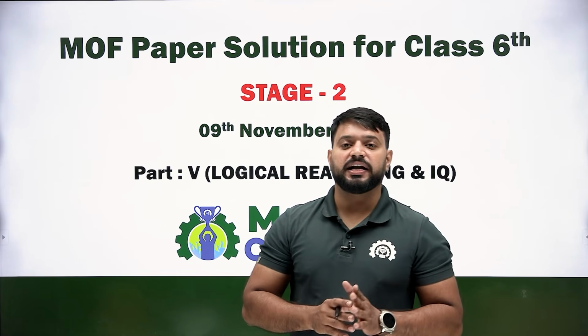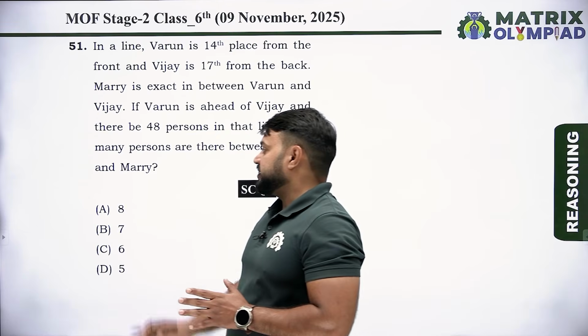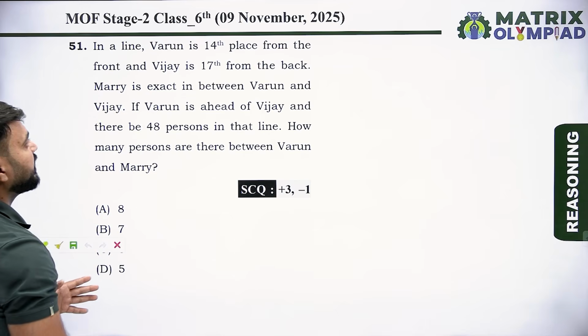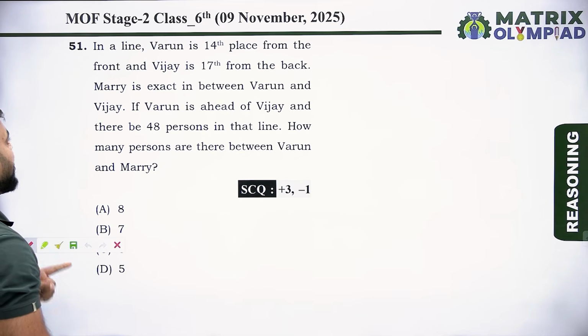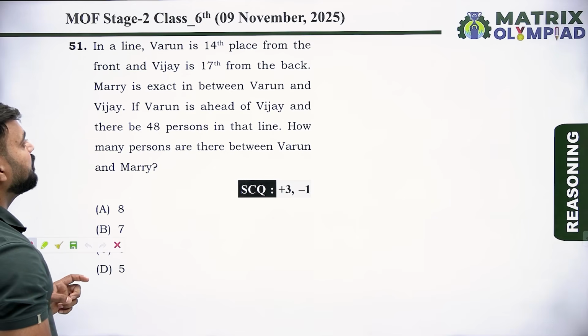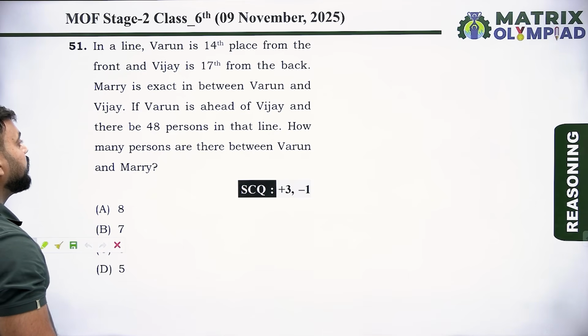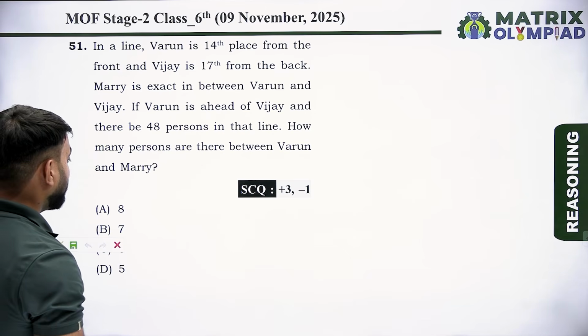Hello student, welcome to this channel. We are here to discuss the solution of the logical reasoning section. So let's get started. Now here, question number 51. In a line, Varun is 14th place from the front and Vijay is 17th from the back. Mary is exactly in between Varun and Vijay. If Varun is ahead of Vijay and there are 48 persons in that line, how many persons are there between Varun and Mary?